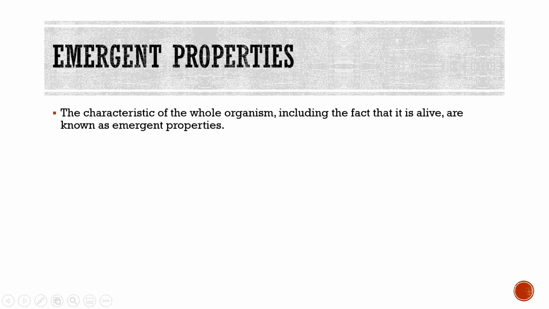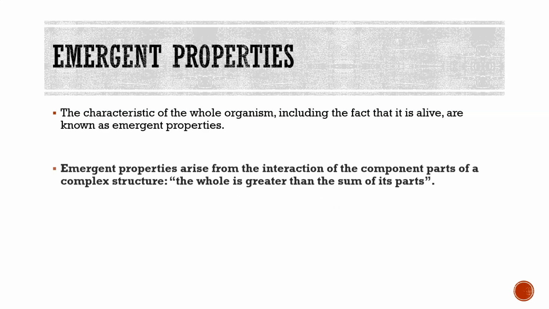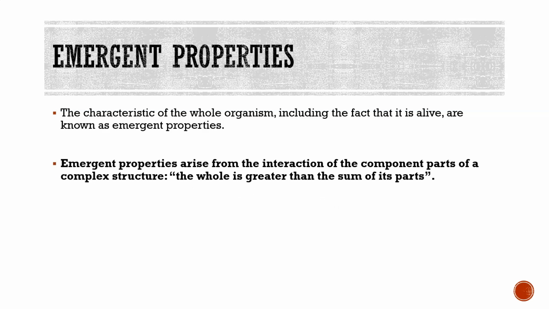So if we have a focus on this idea of these emergent properties, okay, so the characteristic of the whole organism, including the fact that it's alive, is known as an emergent property. And these emergent properties arise from the interaction of the component parts of a complex structure, basically saying that the whole is greater than the sum of its parts.